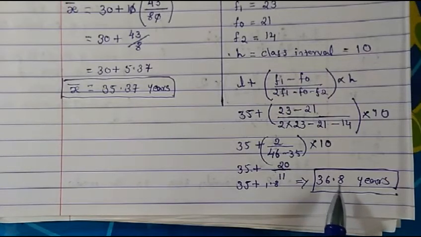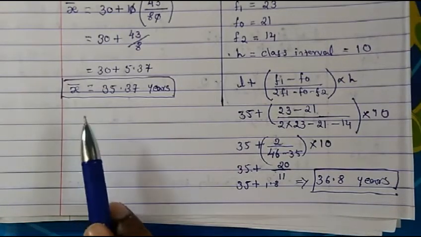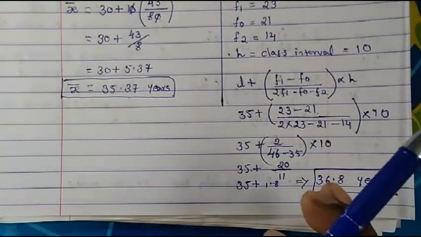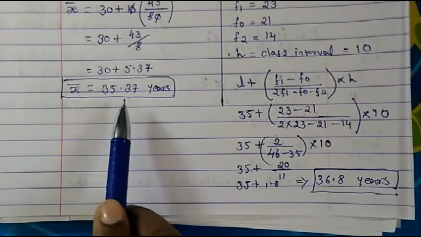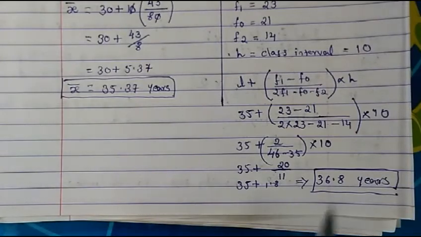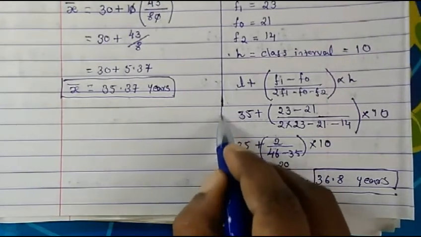That was 36.8 years. See, mode means what? Mostly occurring, no? The most occurring. Whereas mean means average. So the average was 35.37 years and the most occurring age was 36.8 years. So you can write your answer like this.